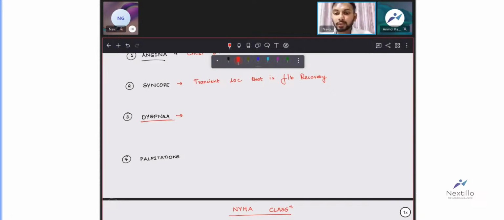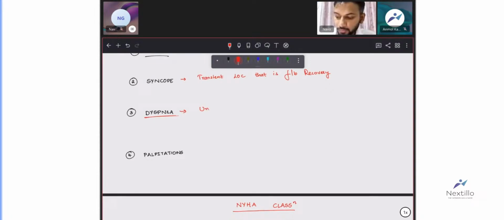Usually we are unaware of our own breath. Breathing is involuntary. It is done by the respiratory centers in the pons and medulla. So if we become aware of our own breath, it is an unpleasant awareness of one's own breath. That is what is known as dyspnea.